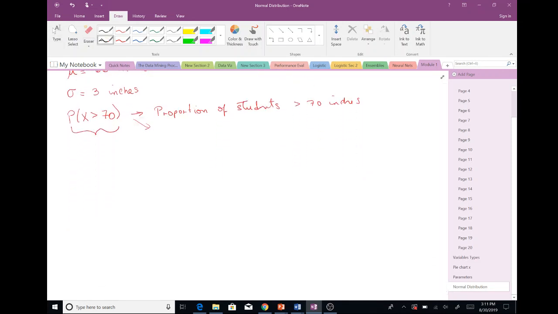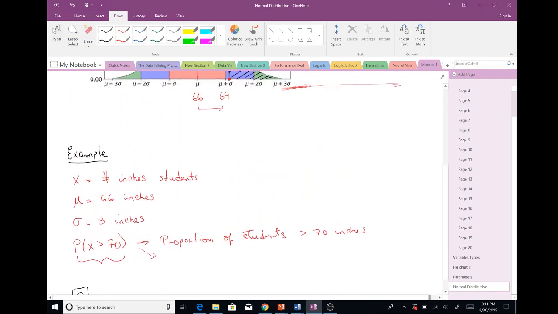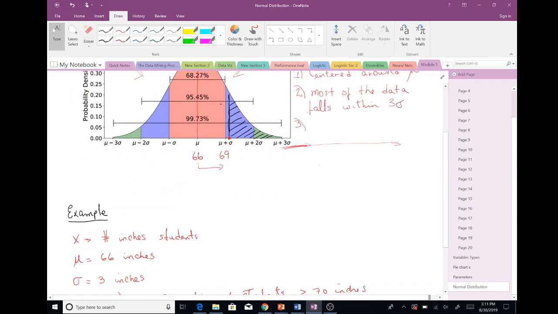In R, this is going to be obtained using the pnorm function. The pnorm function basically gets a cumulative distribution, a cumulative probability, but by default it obtains the probability of a given point and below. So what you have to understand is what the function is giving you.